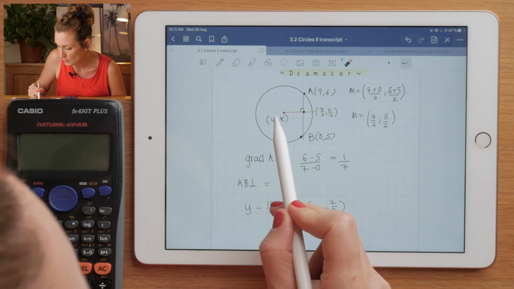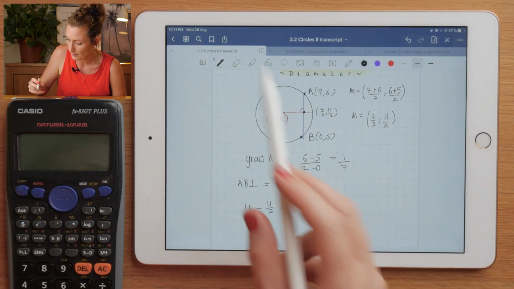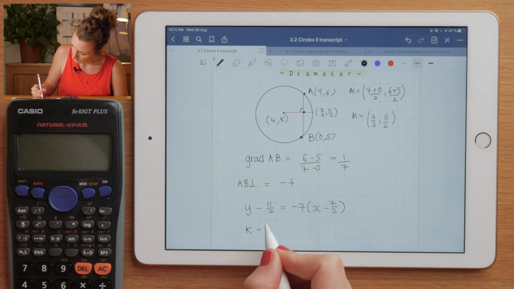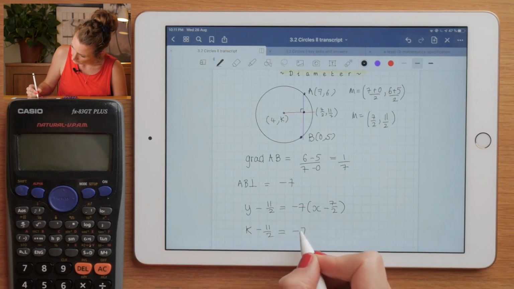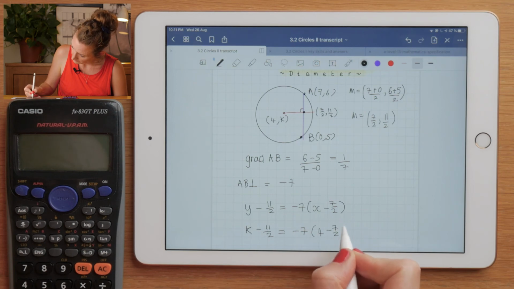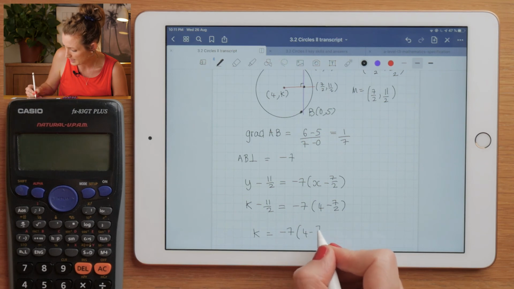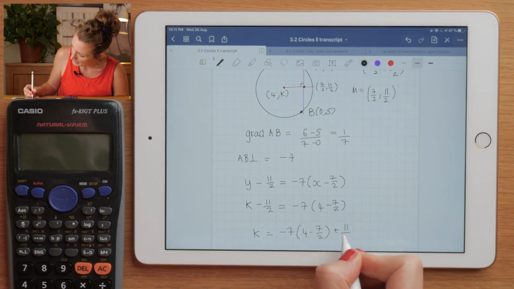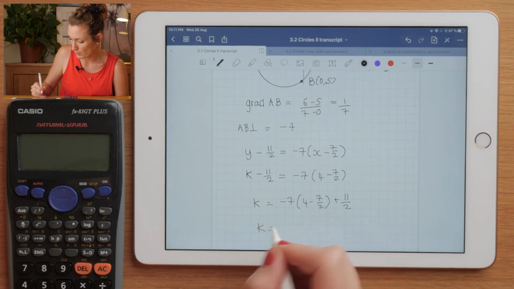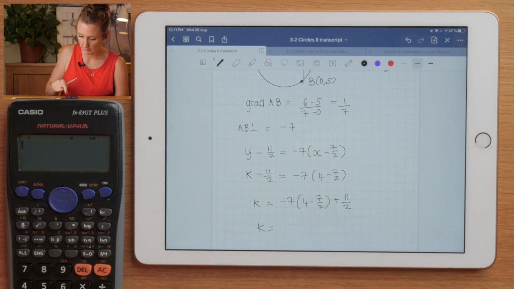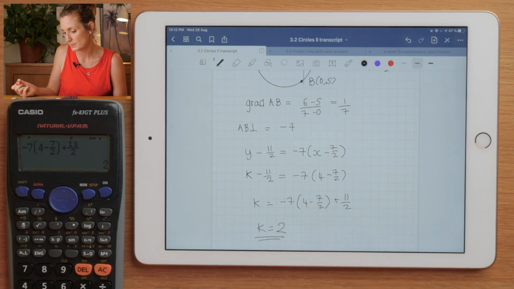So I'm going to go ahead straight away and plug in 4 for x and k for y. So that must mean k must be equal to minus 7 times 4 minus 7 over 2 plus 11 over 2. I'm going to type that all into my calculator at once. 4 minus 7 over 2 is obviously going to be 4 minus 3.5. So k must be equal to 2.